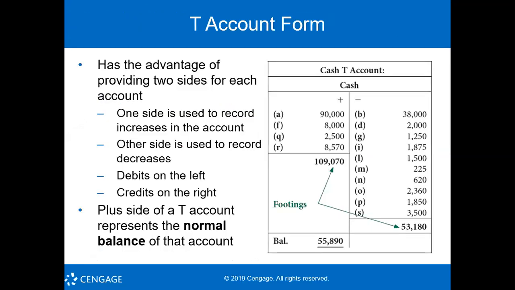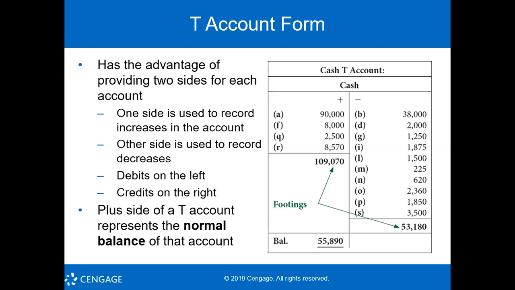All right, so the T account. Basically, when we think about each one of these types of accounts, and remember we talked about several types of accounts in chapter 1. We talked about asset accounts like cash and accounts receivable and land and equipment and supplies and prepaid insurance, for example, right?